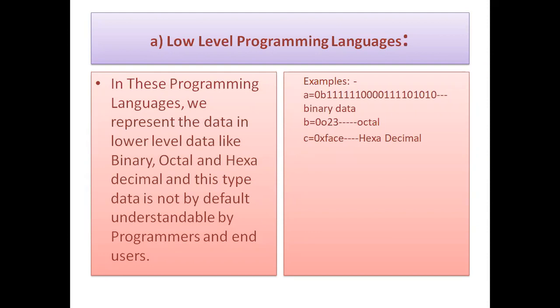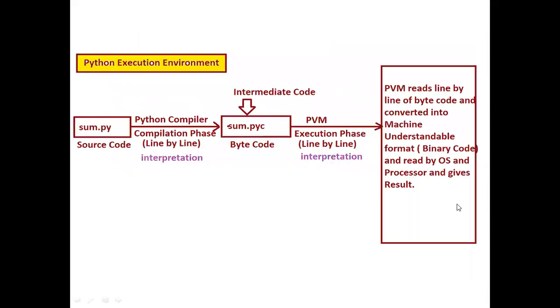So what happens is the binary language changes. This is an octal language, this is hexadecimal, and this is a binary language. These languages are not understandable by an end user. So what programmers do is convert the data into machine understandable language, and then it comes to us in an understandable form for the end users.